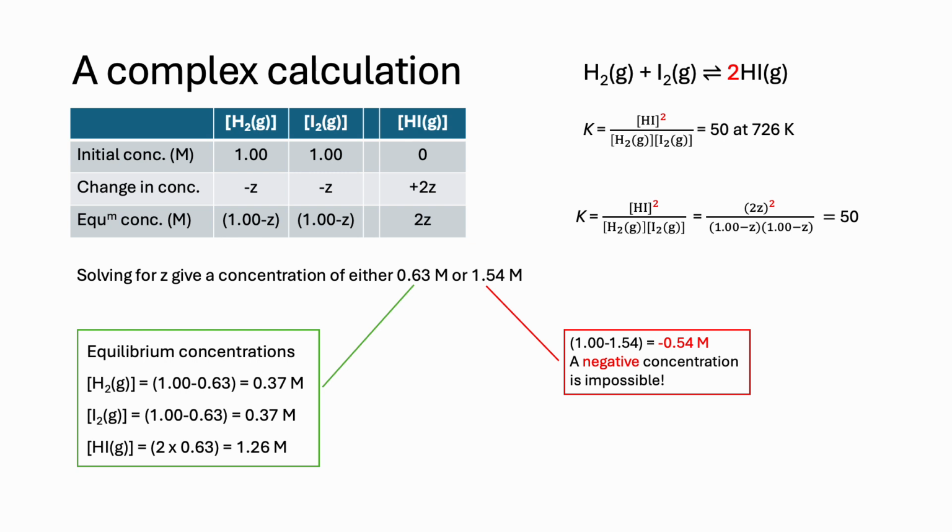Looking back at our table, the correct value must be 0.63, as taking the other figure would give a negative concentration for both of the reactants at equilibrium, which is impossible. And hence we have calculated our final concentrations of all the species present.